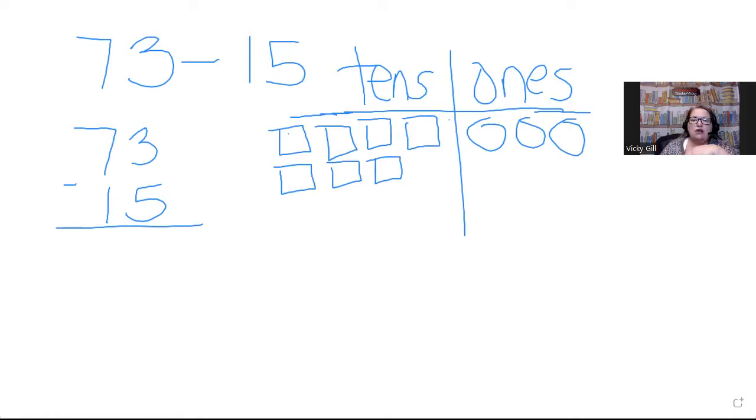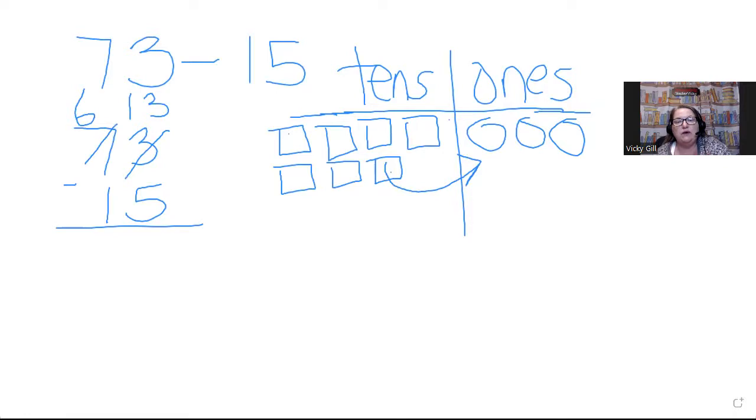Okay. So I need to borrow from the tens to make this 13. I have to borrow one of these and move it over here to the ones to make that 13, to represent where I borrowed.